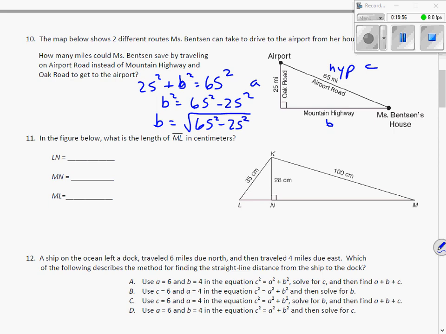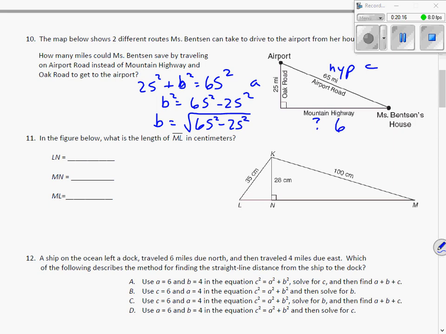How far is that? What should we put in the calculator? 60?